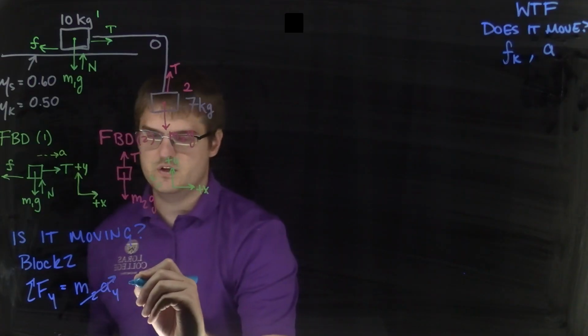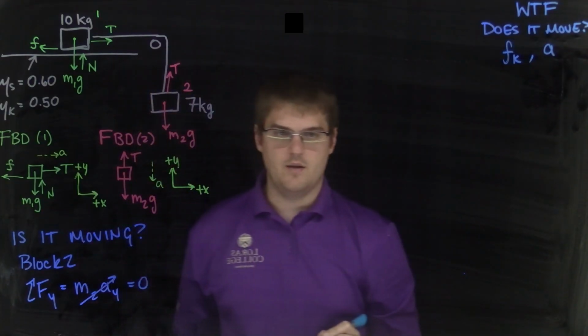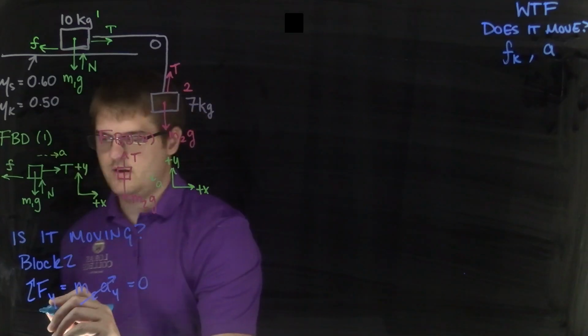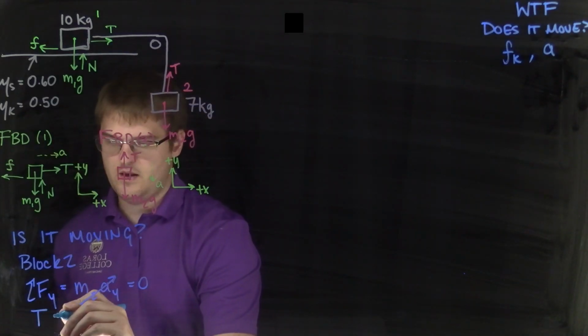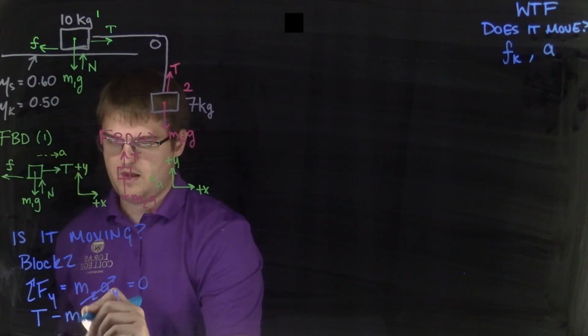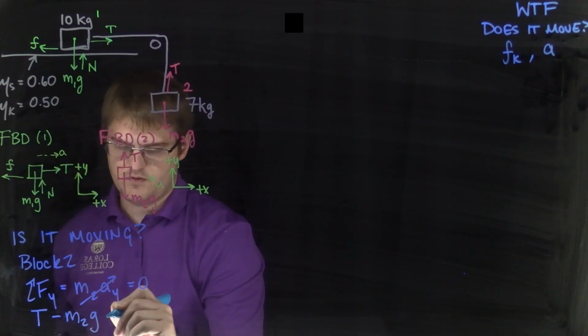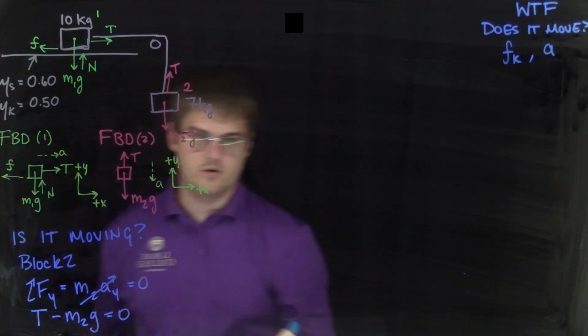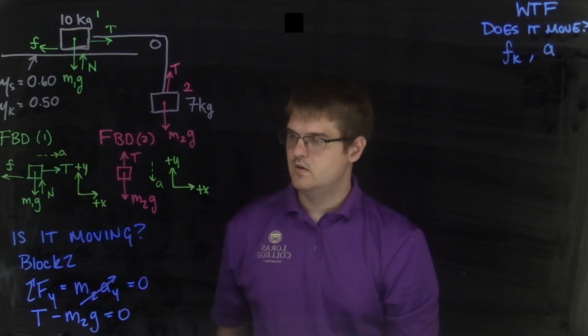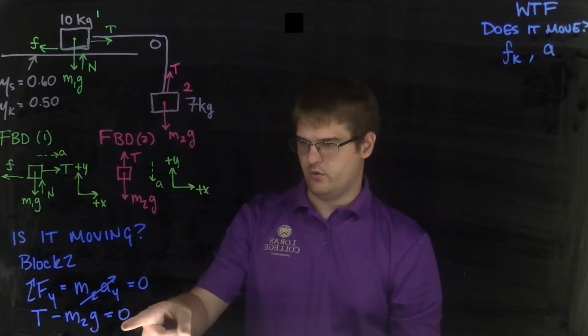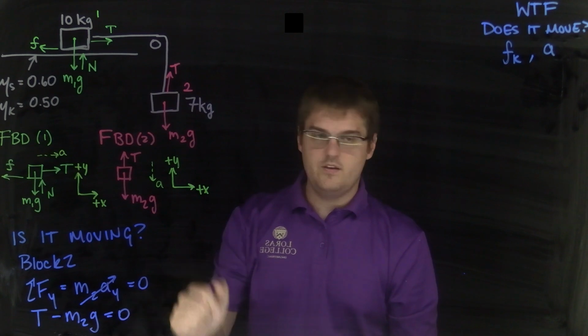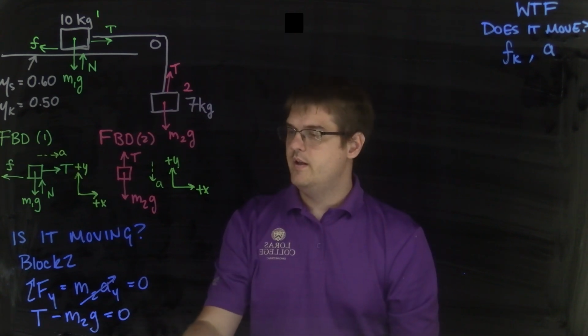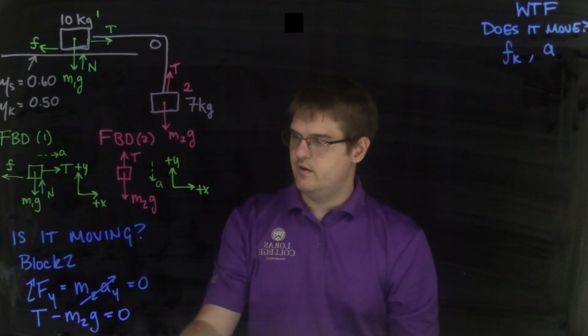So the sum of forces is equal to 0, and my forces are my tension minus the mass of block 2 times my gravitational constant, equal to 0. If it is equal to 0, it's not going to move. But we'll get there in a second.